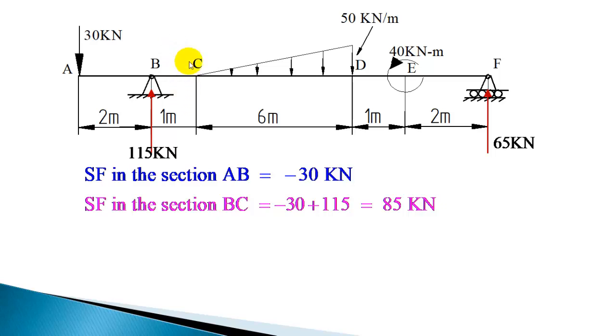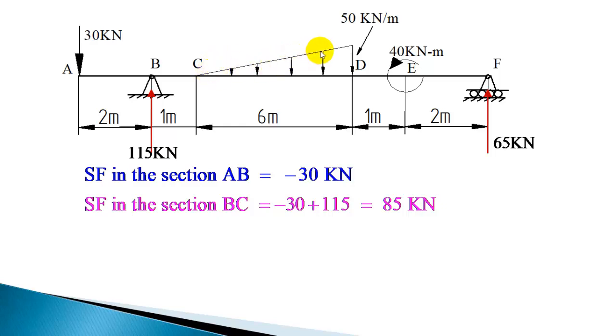So for BC also the shear force is constant and its value is 85 kilonewton. Whereas in this part the shear force is negative 30 and here it is positive 85 kilonewton. Now due to UVL, shear force will continuously decrease, but the decrease is going to be a parabolic variation.